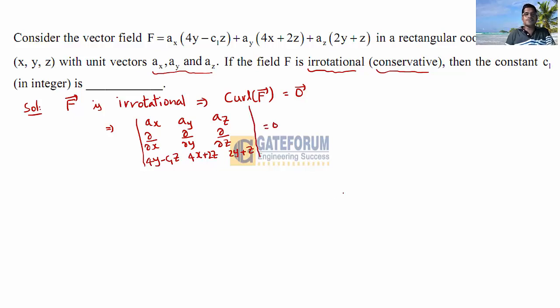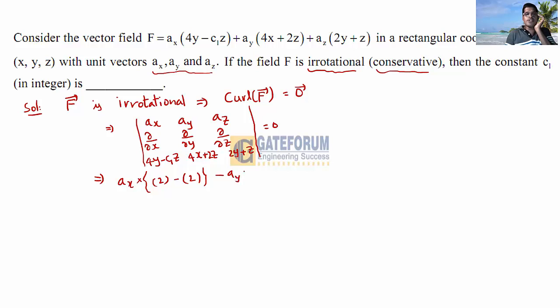This is equal to 0. So this simplifies by expanding the 3 by 3 determinant along the first row: ax into, deleting the first column and first row, dou by dou y of 2y plus z, the partial derivative with respect to y is 2, z is 0, minus dou by dou z of 4x plus 2z, 4x is 0, 2z gives 2.